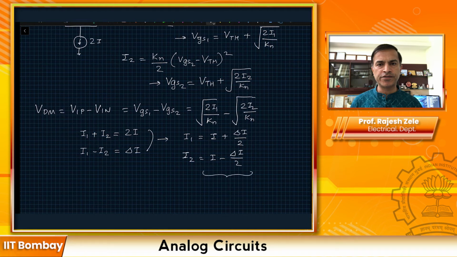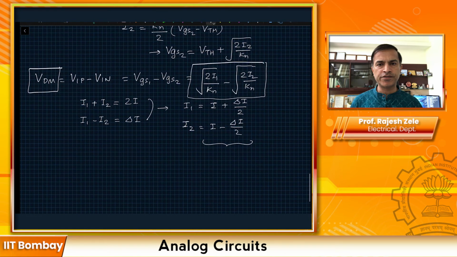We can go back to our original expression for VDM, which is right here. We can go in there and start substituting I1 and I2. I hope you're writing all these by yourself and getting the hang of it. VDM is equal to square root of 2I1 divided by Kn minus square root of 2I2 divided by Kn.